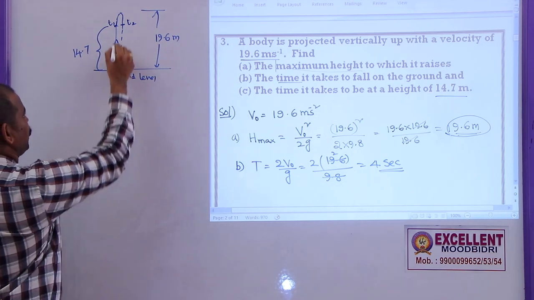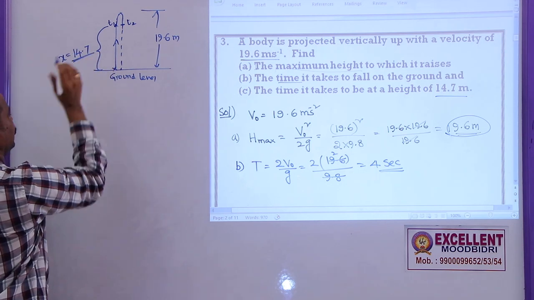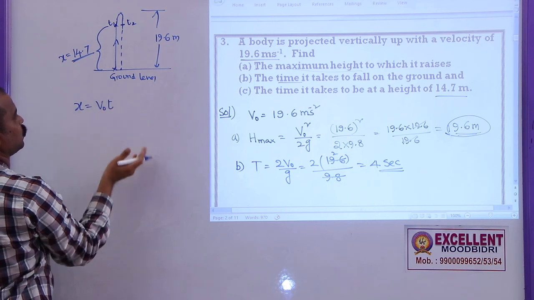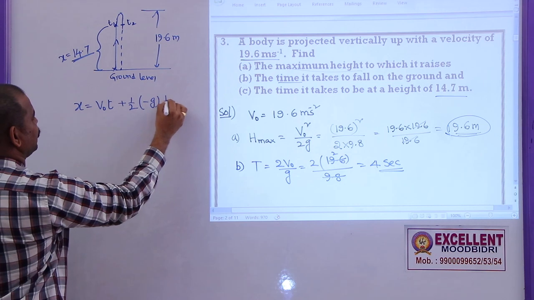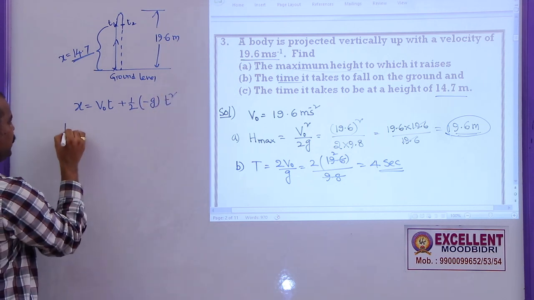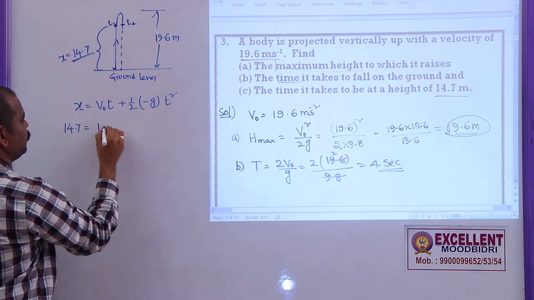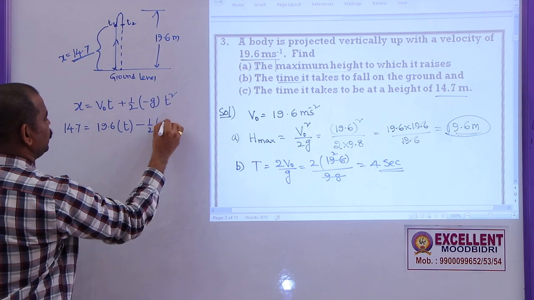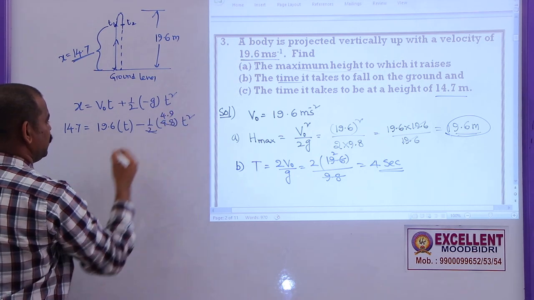So, from here to here, let us say the displacement is x, which is 14.7. So, x is equal to, when it is thrown up, v naught t plus half into minus g t square. What is x? This is 14.7, v naught is given as 19.6 into t, minus half into 9.8 into t square. This is 4.9.